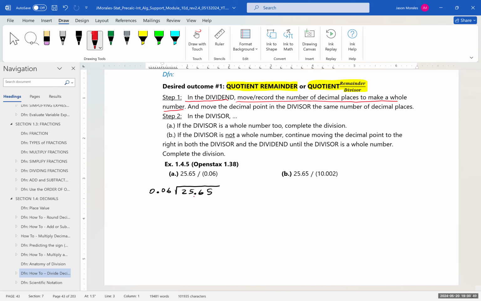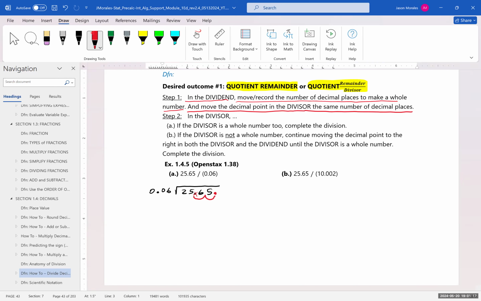And so we're going to move this decimal point to the right 2 times to give us a new decimal point position. And you'll see now with the decimal point moved from its original location to its new location, we now have a whole number of 2,565. And now we want to move the decimal point in the divisor the same number of decimal places.